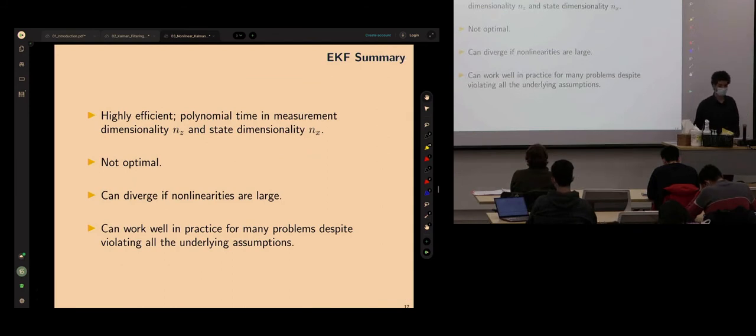Let's summarize. So this filter is still very efficient, just like linear Kalman filter. You can run it in polynomial time in terms of your measurement and state dimensionality.